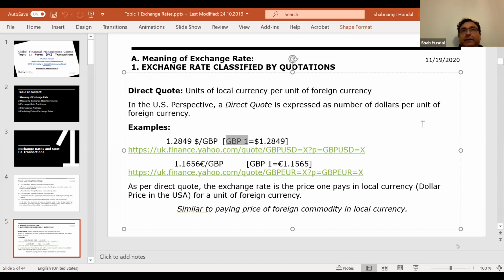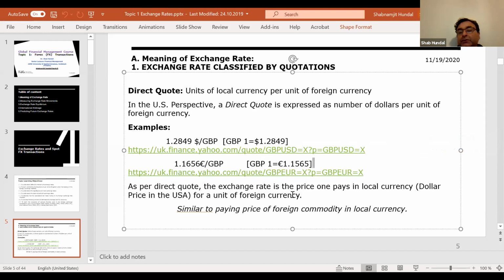For example, in Finland or in the Eurozone, including Belgium, France, Germany, if we write that GBP 1 is equal to Euro 1.1565, then this is the direct quote, and this is the way it should be written.